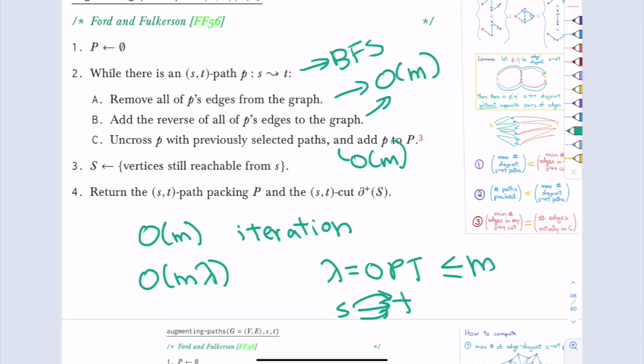In which case opt could be m instead of n. So if it was a simple graph with no duplicates, it would run in m times n at most, since lambda is at most n, the number of vertices. But in a multigraph, it could be bigger. Still polynomial time for this unweighted setting. That's what the theorem states.